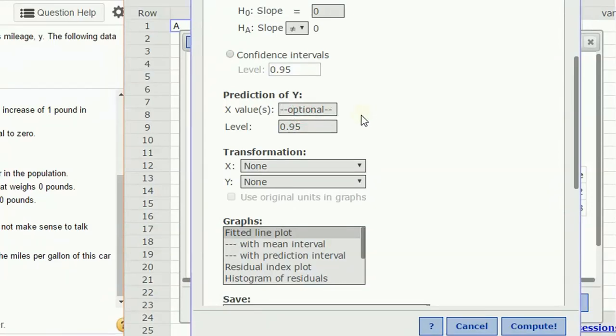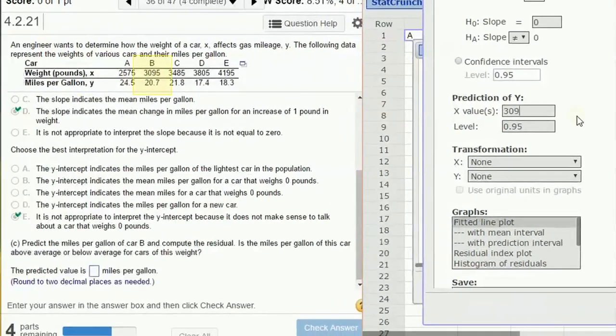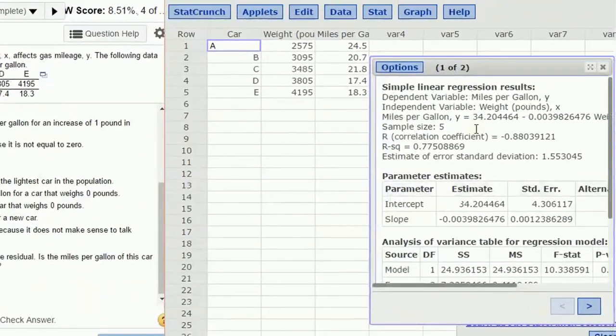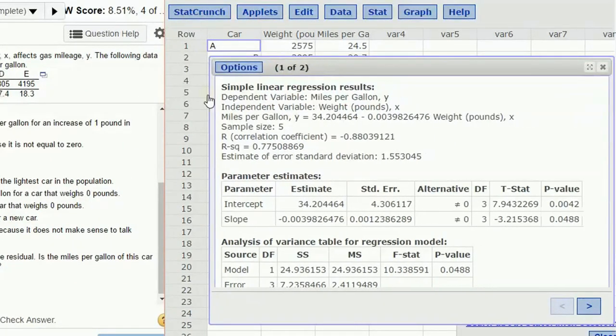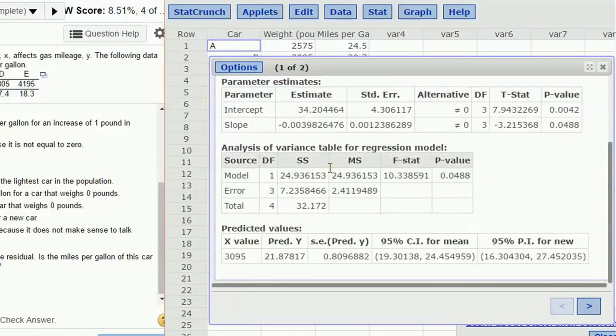So let's predict the miles per gallon of car B. For car B, we had 3095. And what I'm going to do is see what the predicted value would be. So I'm going to click compute. And in my statistical output now, there's going to be a little bit extra, which is right down here.